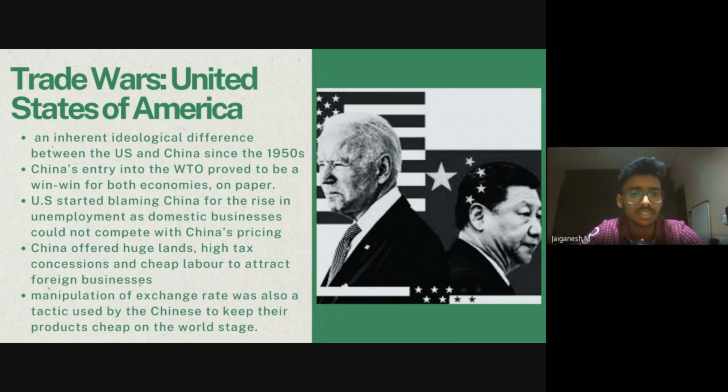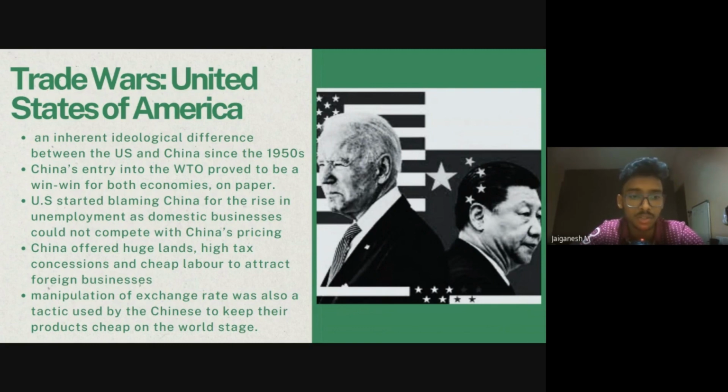And the US has started blaming China for its rising unemployment and domestic businesses being hurt, as they feel the Chinese government involves itself excessively by providing a lot of special economic zones, huge lands, tax concessions, and cheaper labor to attract foreign businesses, as well as giving an unfair competitive edge to Chinese manufacturing companies, which has led to a drastic decline in the cost of production, where countries like the US and developed economies are not able to give similar pricing.